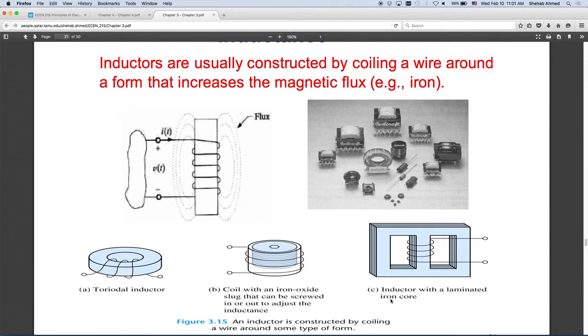It does not allow current to change abruptly. That's how the inductor functions. Why do we need to use these inductors in circuits? Because like capacitive elements, they are an energy storage element that does not dissipate real power. They do not dissipate power while storing the energy.